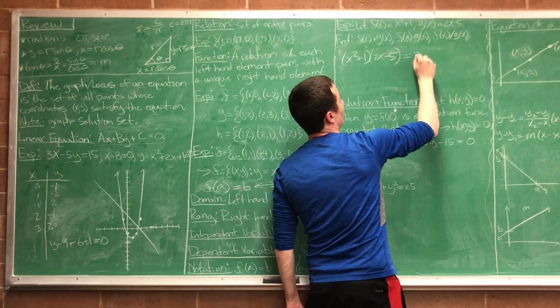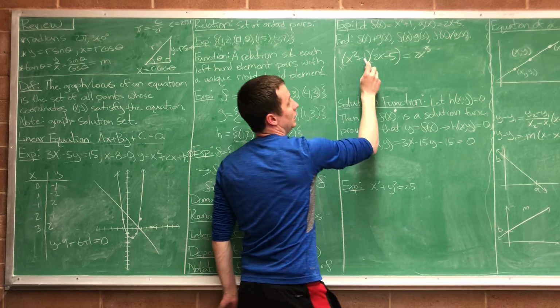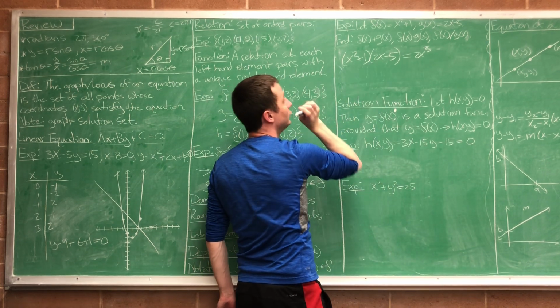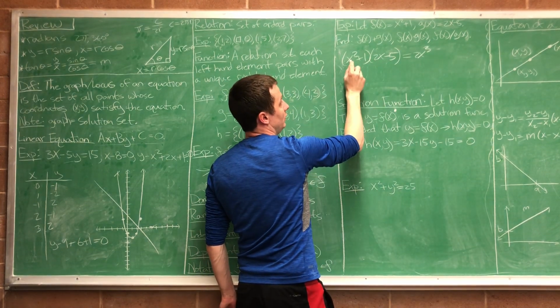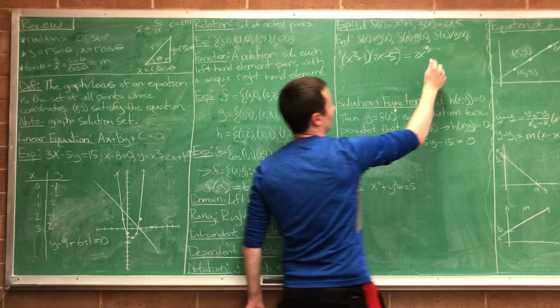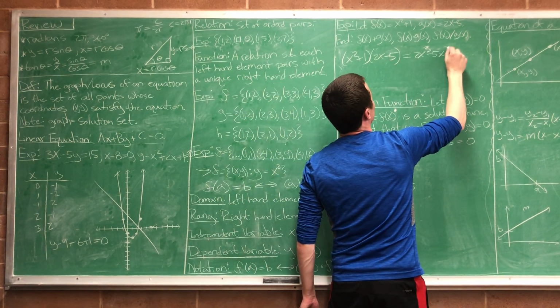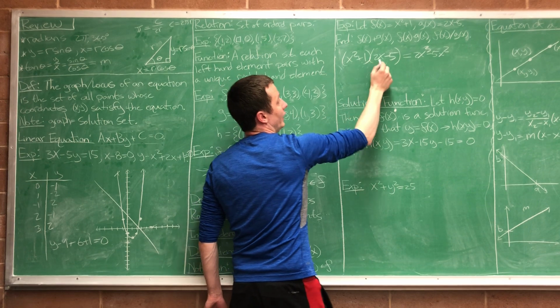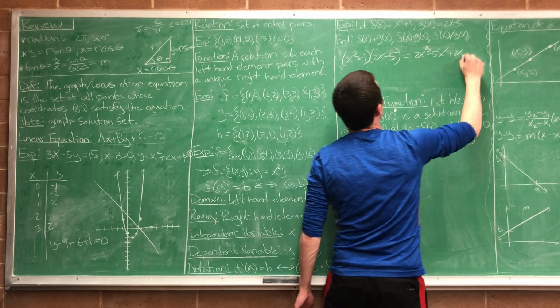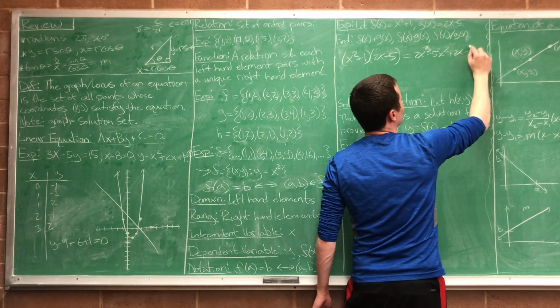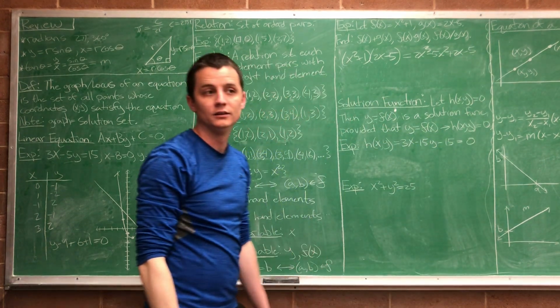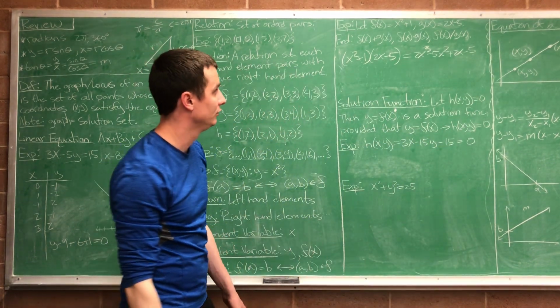So we get 2x cubed minus 5x squared plus 2x minus 5. And that's how you multiply functions together.